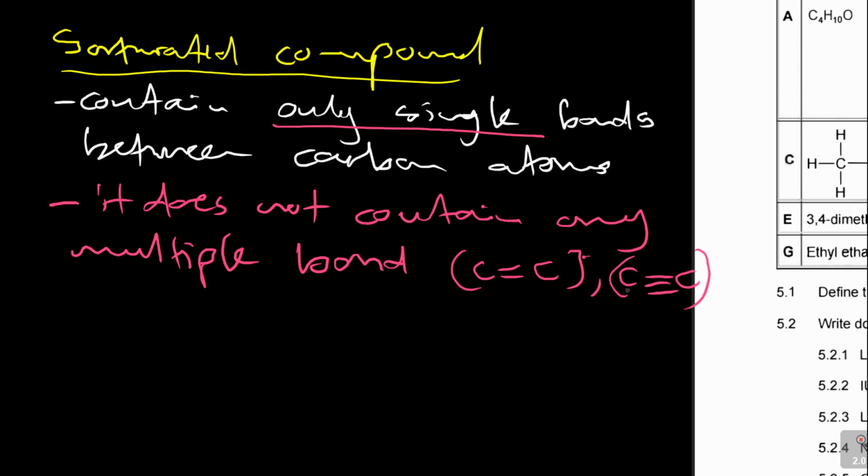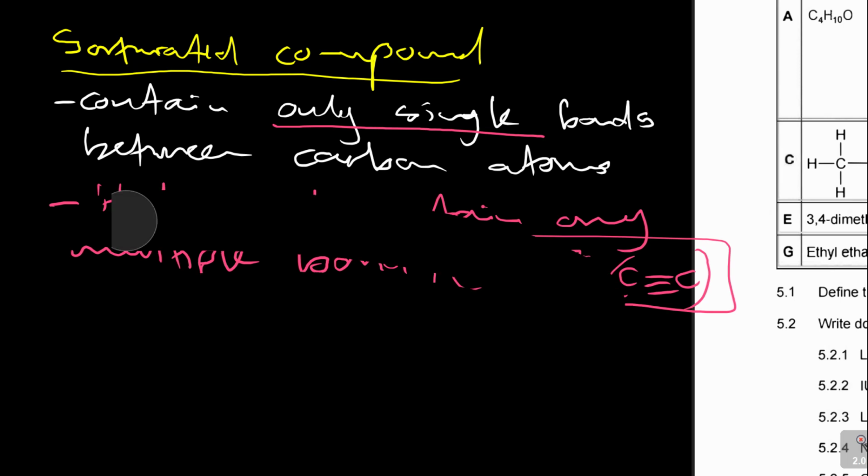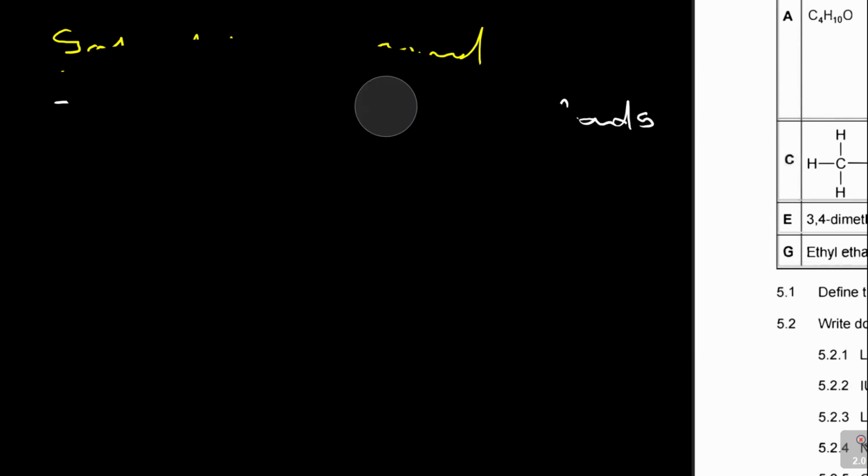These are multiple bonds. So it's a compound that does not contain any multiple bonds between carbon atoms. All right. So that can be the definition of a saturated compound. So if you're looking at that, it's a compound that contains only single bonds or does not contain any multiple bonds between the carbon atoms.